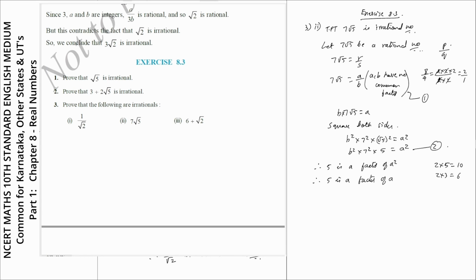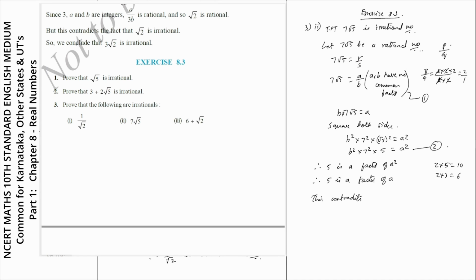But equation 1 and 2 are contradictory statements. So I am writing this contradicts. Which is contradicting?